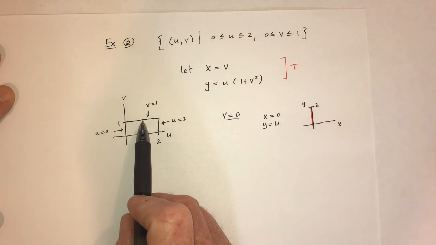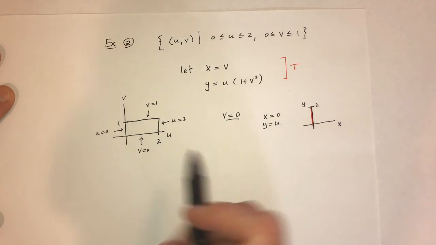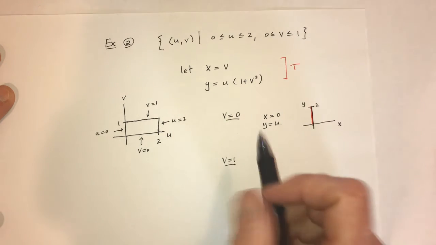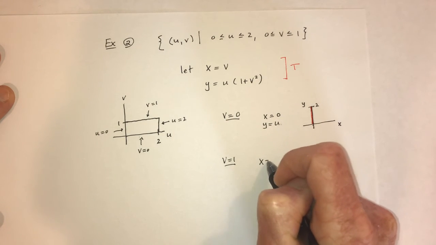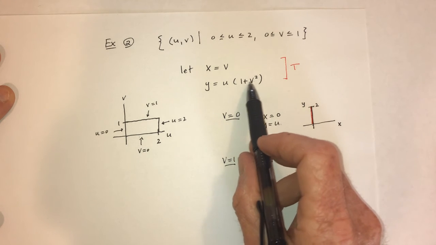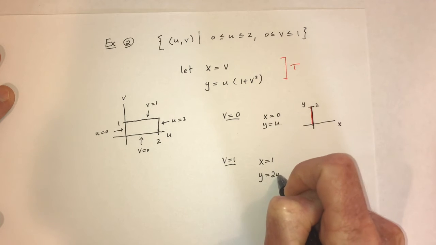Now, how about the top shape? v equals 1. So substitute in that, and it's going to say x is equal to 1. And if you substitute a 1 right here, this is going to be a grand total of 2. That means that y is equal to 2 times u.